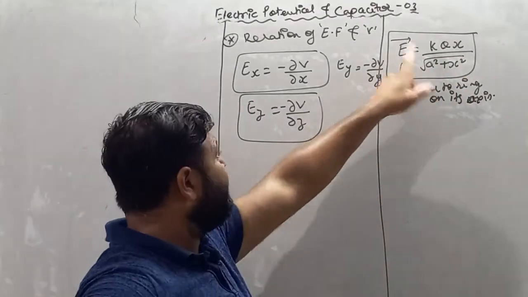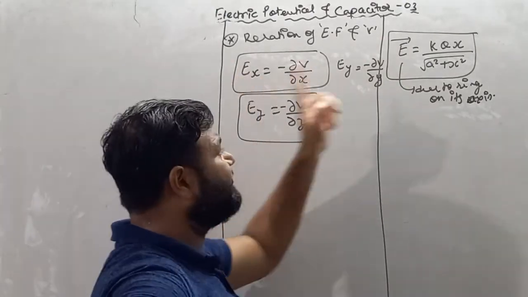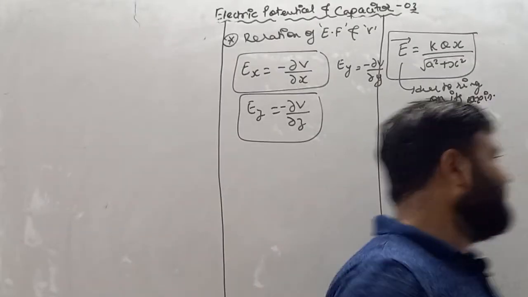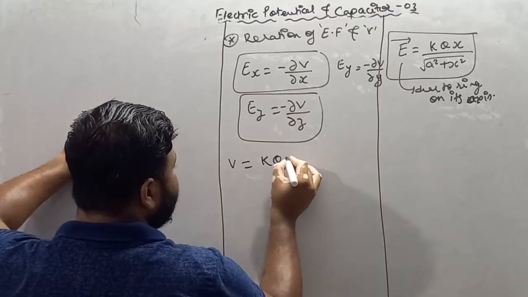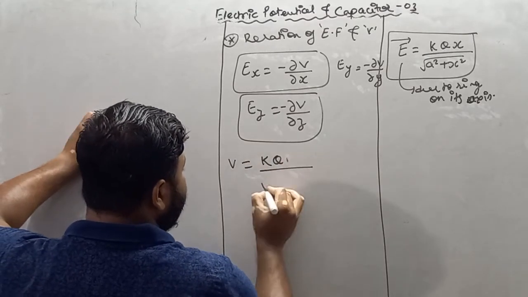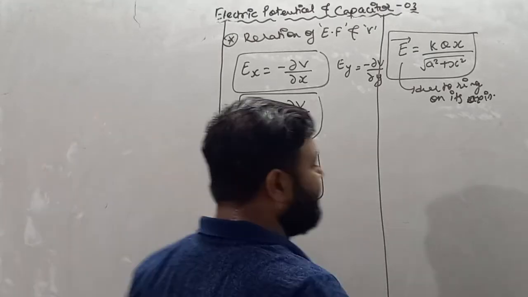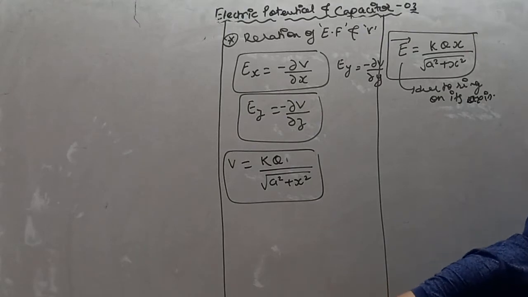With the help of value of electric potential, we'll check whether we get the correct answer or not, my dear student. As we know, the potential due to ring is kq by under root a square plus x square. This is the value of electric potential due to ring on its axis.